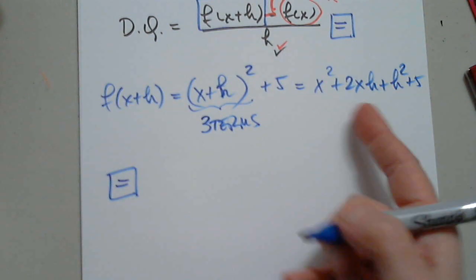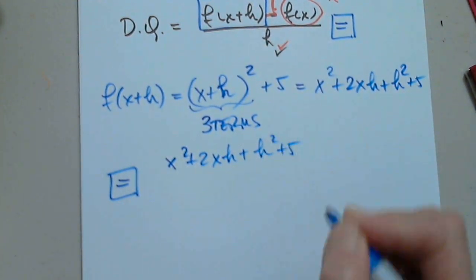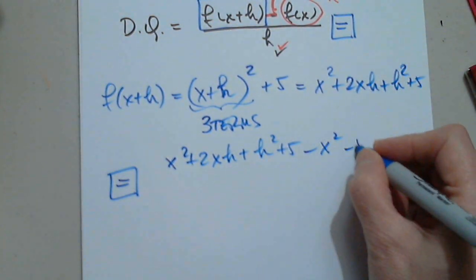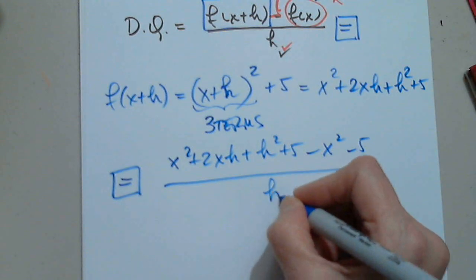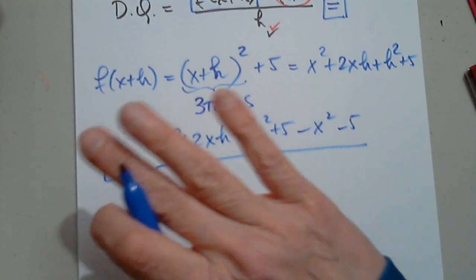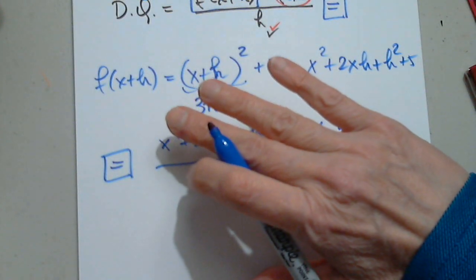The top will be replaced by this, x squared plus 2xh plus h squared plus 5. Now I have minus x squared minus 5 divided by h. Again, what is the first step that has to happen here? Before I even look at it, what has to happen? I'd say put your parentheses.